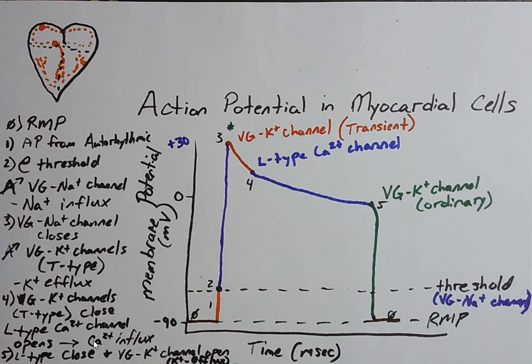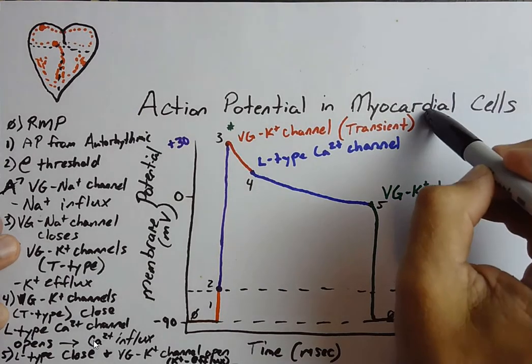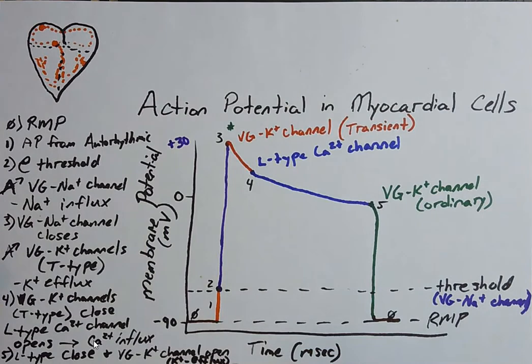So that's the nuts and bolts of how an action potential in myocardial cells occurs. In the next video, what you guys are going to be learning about is excitation, contraction, coupling, and relaxation. So in essence, what the next video is going to be doing is saying, all right, the myocardial cells get their action potential. How do they contract?